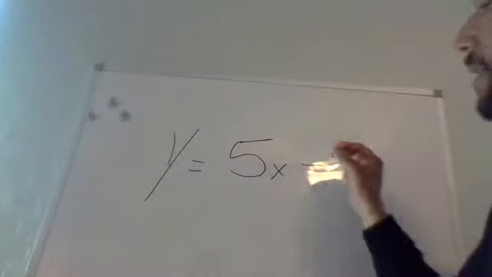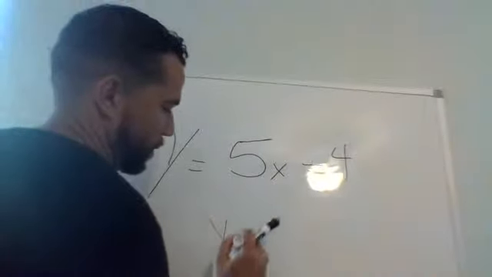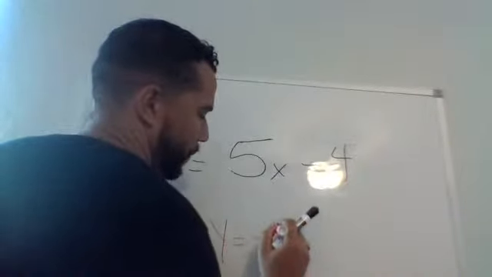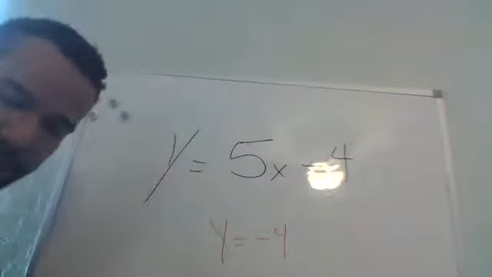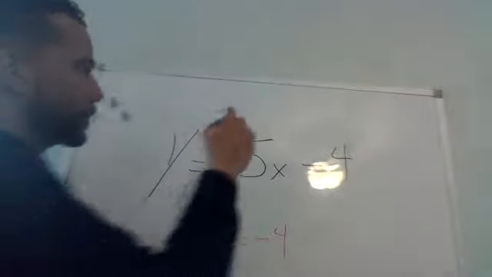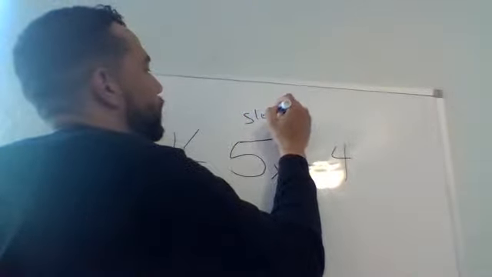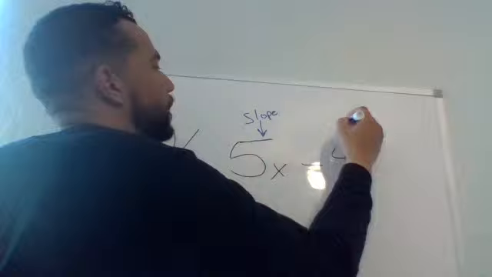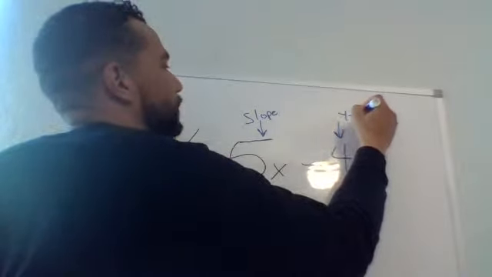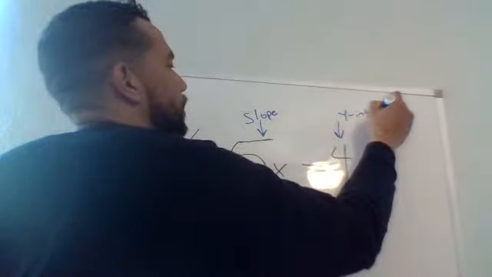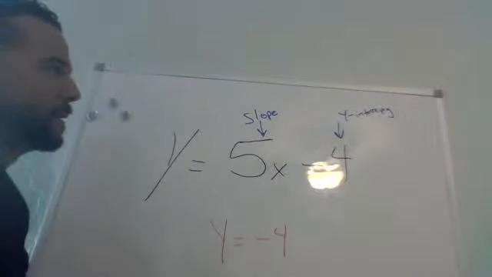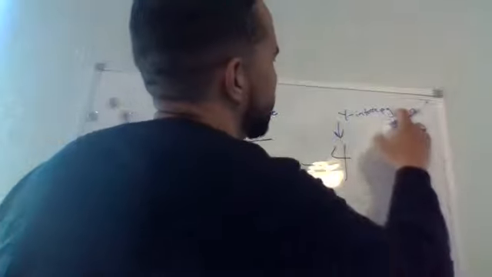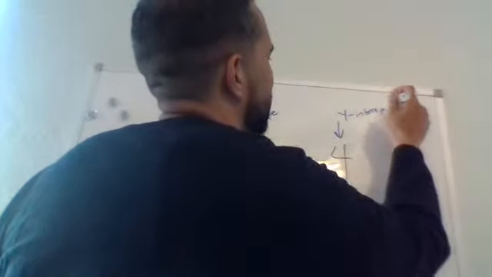And that's why the answer for the y-intercept would be -4, right? I use as many colors as I can. This is your slope. This is your y-intercept. Put a y there.